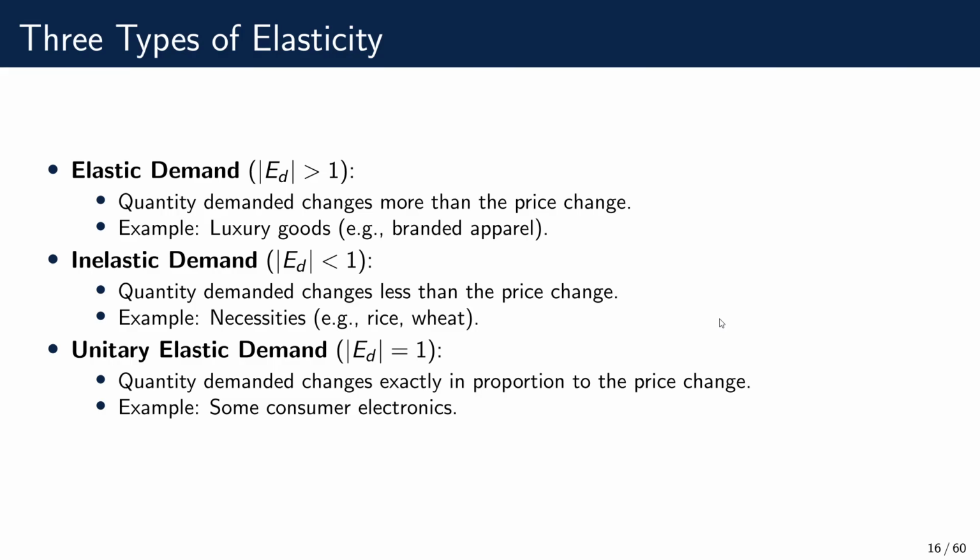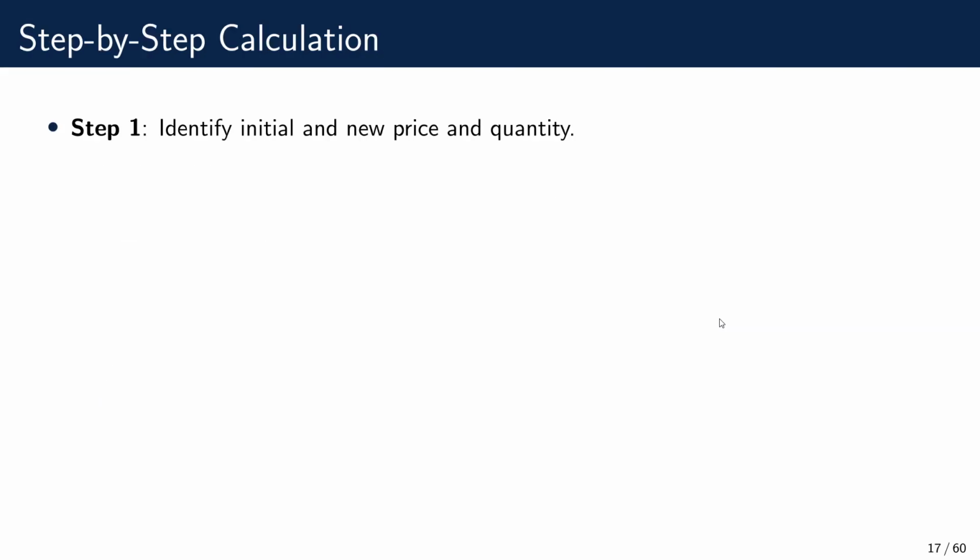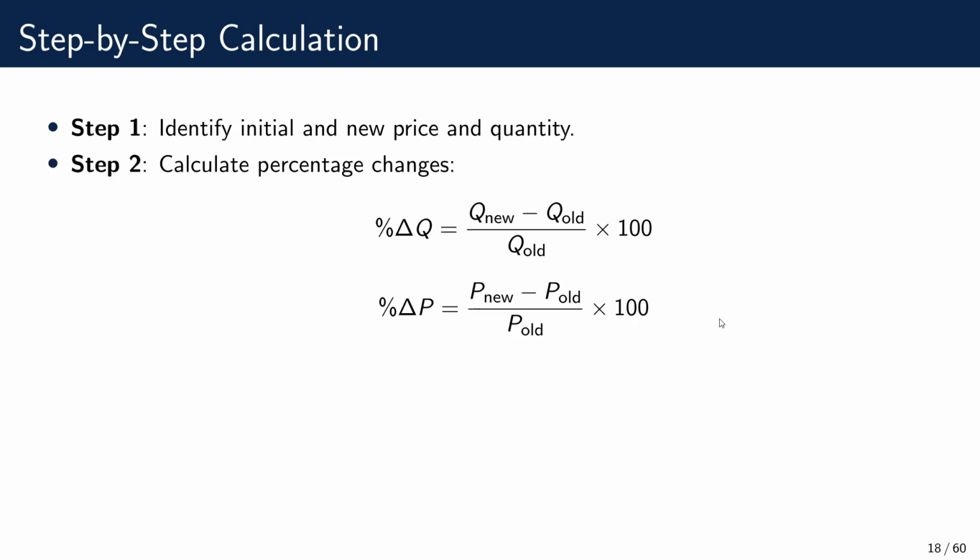So let's see the step-by-step calculation. How will we calculate the elasticity? The very first step is to identify the initial and new price and the quantities. When you are able to identify these, then you have to calculate the percentages. First, the percentage of quantity change, which will be Q new, that is quantity new, minus quantity old, divided by quantity old, into 100.